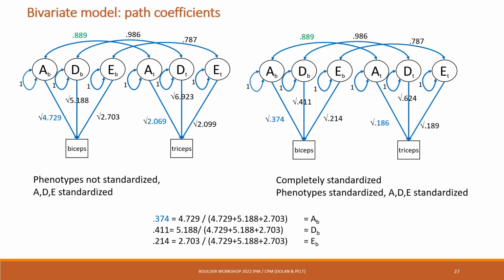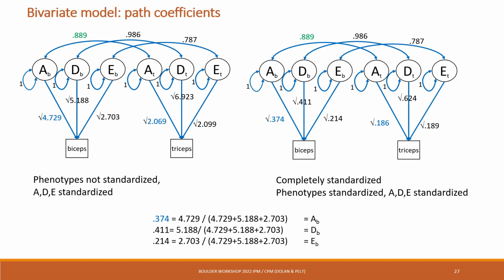In this slide, on the left, you can see the path coefficient representation of the results that we saw in the previous slide. But I've added to that the path coefficient representation of the results where the variances of the phenotypes are standardized. The path model on the right is easier to interpret because I can see directly what the contribution is of additive genetic effects to biceps.